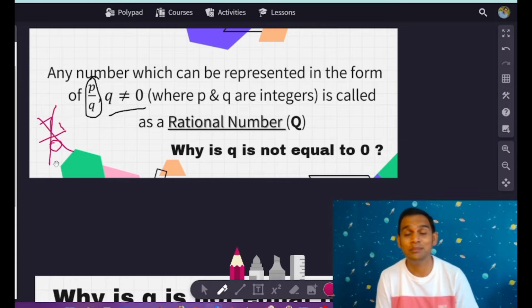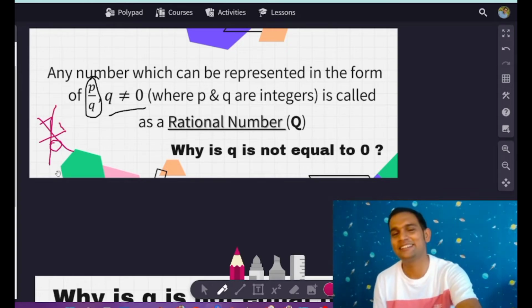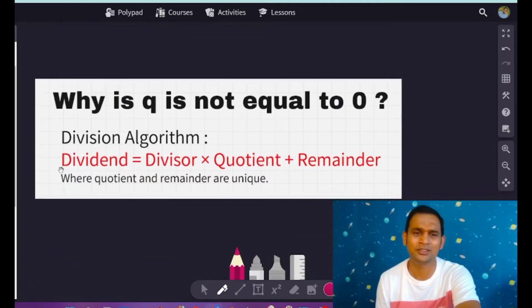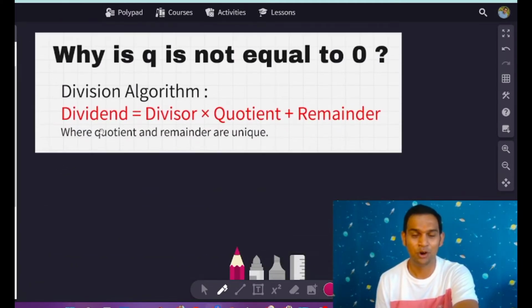What is the reason behind that? Did you ever think about that? If not, let's start thinking about it and discuss why q is not equal to 0 in p by q. We will try to understand with the help of the division algorithm.